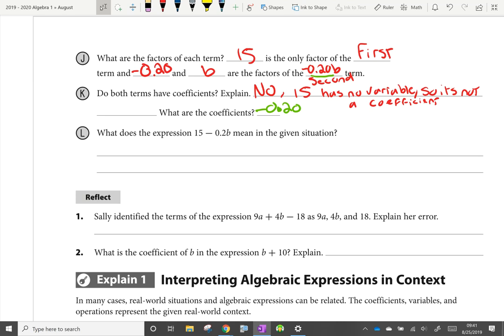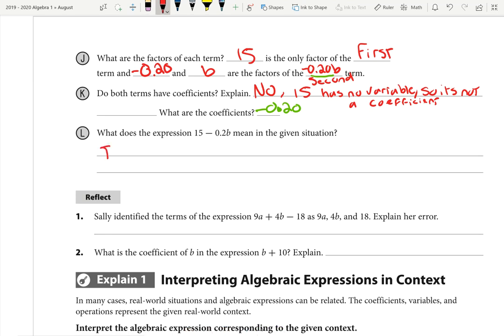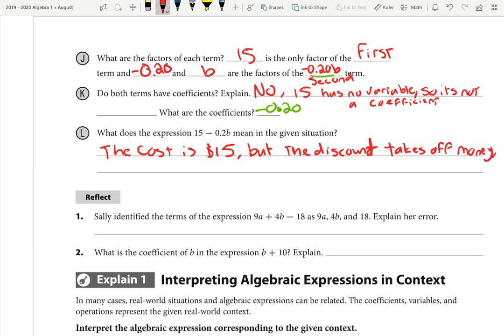But it basically says that the cost is $15, but the discount takes off money, and specifically it takes off 20 cents, or you can write that as 0.20 per bottle.